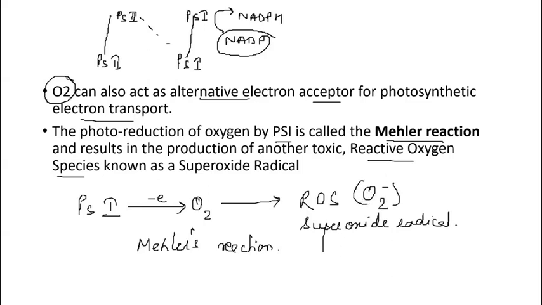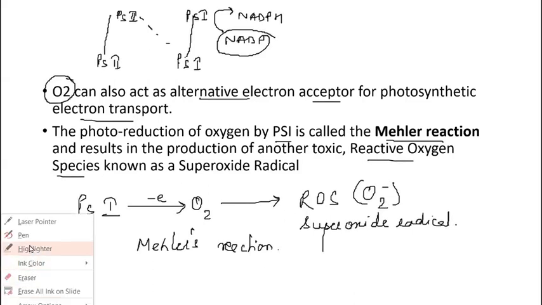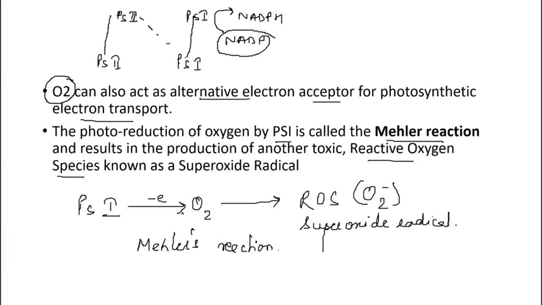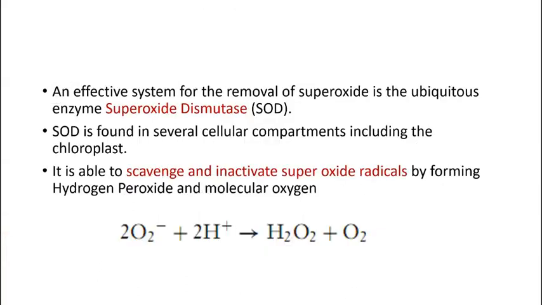So it will form superoxide radical, which is symbolized as this. Next, once this superoxide radical is formed, what happens? This superoxide radical must be removed by the enzyme superoxide dismutase.